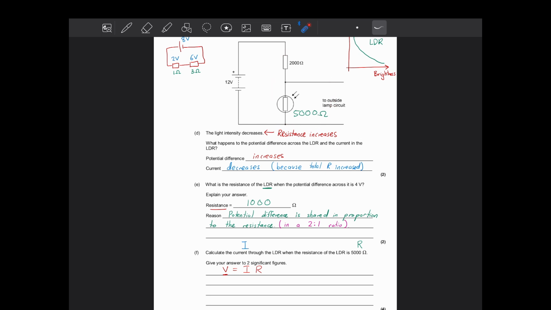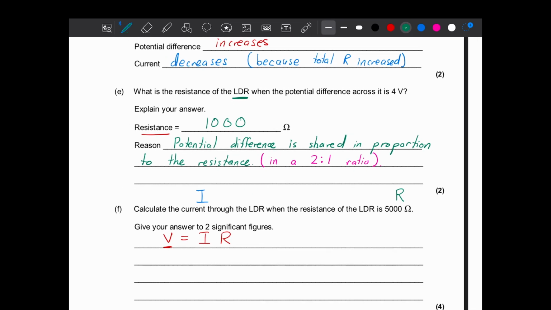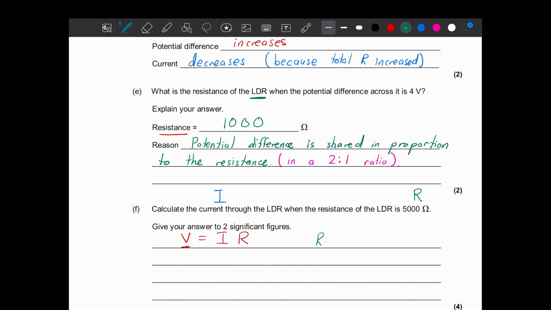Let's write that down. Our total equals 5000 plus 2000, giving me 7000 ohms.